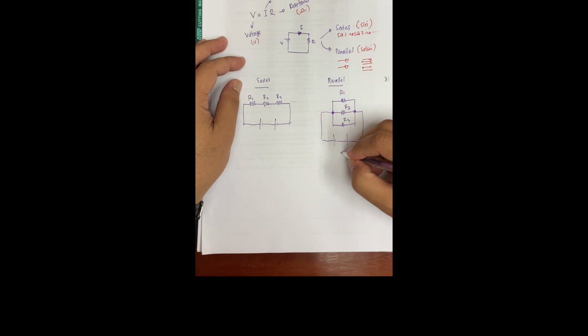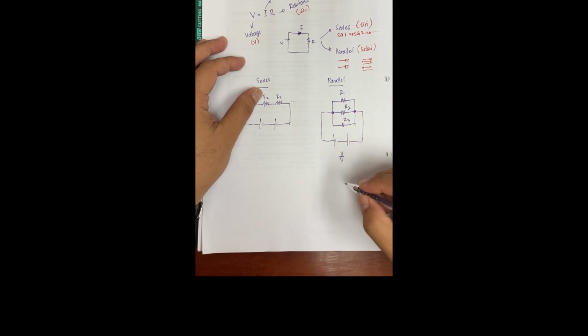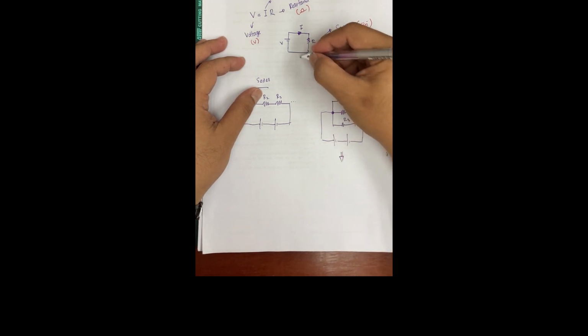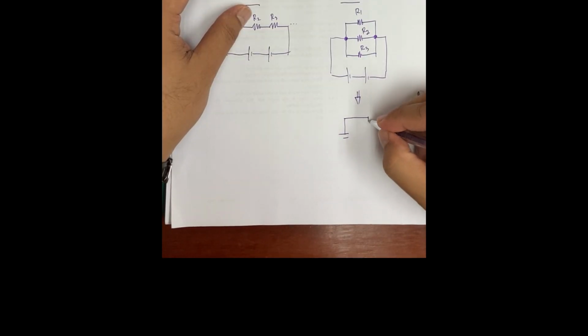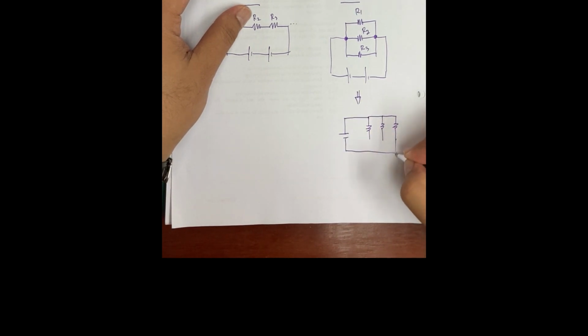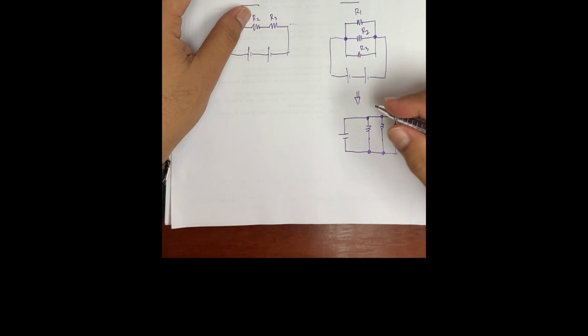So this is R1, R2, and R3. It can be in many forms actually. It can be in the basic form like this. You have a power supply, then three things connected to each other, 1, 2, 3. It's just a matter of orientation, or pivoting this R1, R2, and R3.